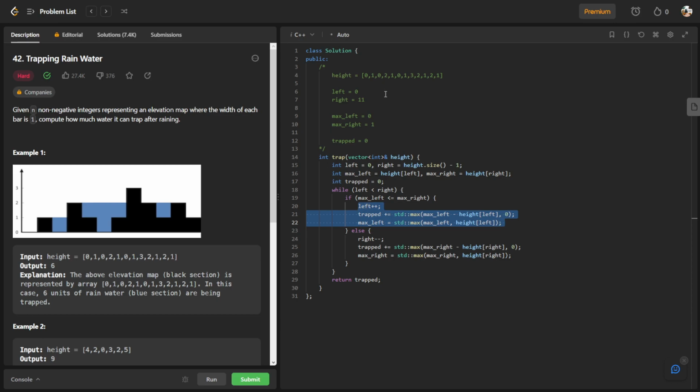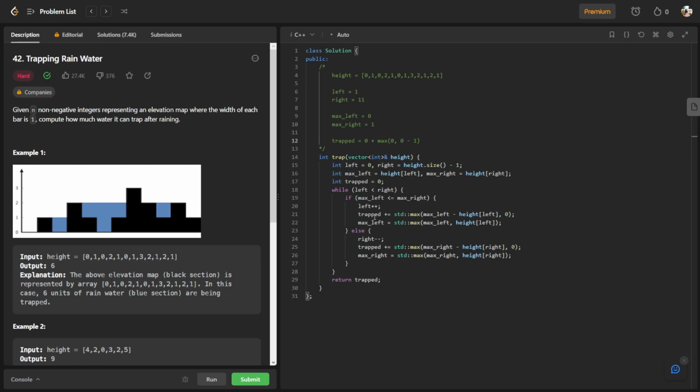I'll increment my left by 1, and I'll see whether or not there is any trapped water in this space. So trapped will plus the max of 0 and max left, which is 0, minus height of left, which is 1, minus 1.